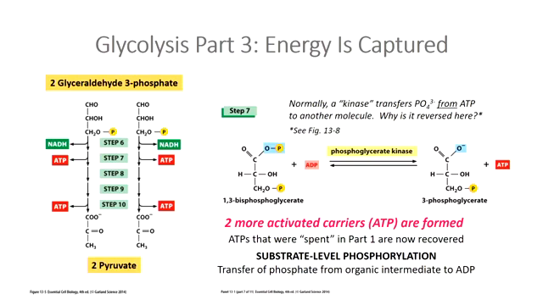I'm going to contrast that with oxidative phosphorylation that we'll talk about later, in which you use electron transport to create a potential energy source that's going to be used to drive ATP synthesis. That's a different mechanism altogether. But substrate-level phosphorylation means that you take an organic substrate, you transfer a phosphate from it to ADP, and you make ATP that way.